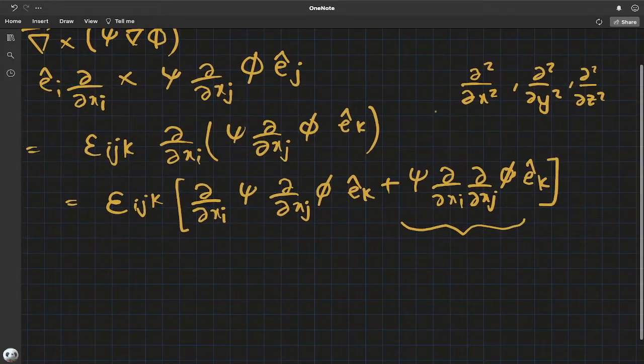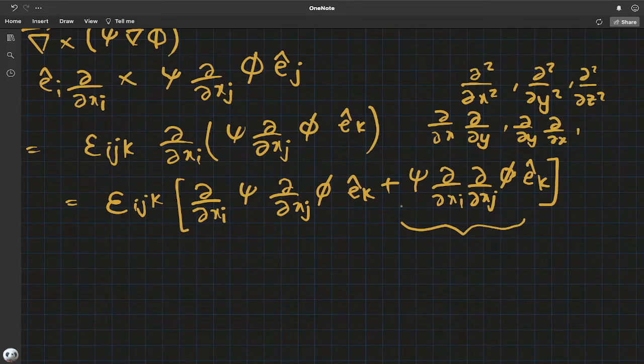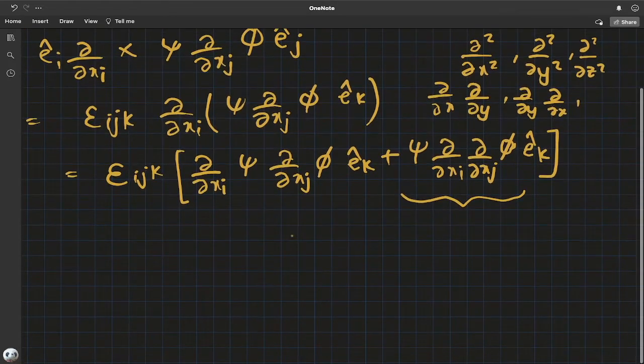Cross terms such as partial x, partial y, partial x, and then their permutations with z. Well, all these terms, they're going to remain, but notice that if you interchange the i and the j, if you shuffle them, you just get the same expression but negative, epsilon jik.